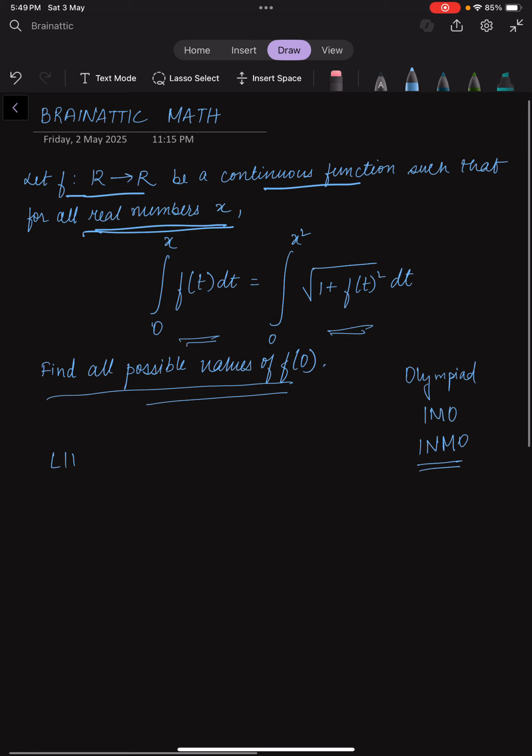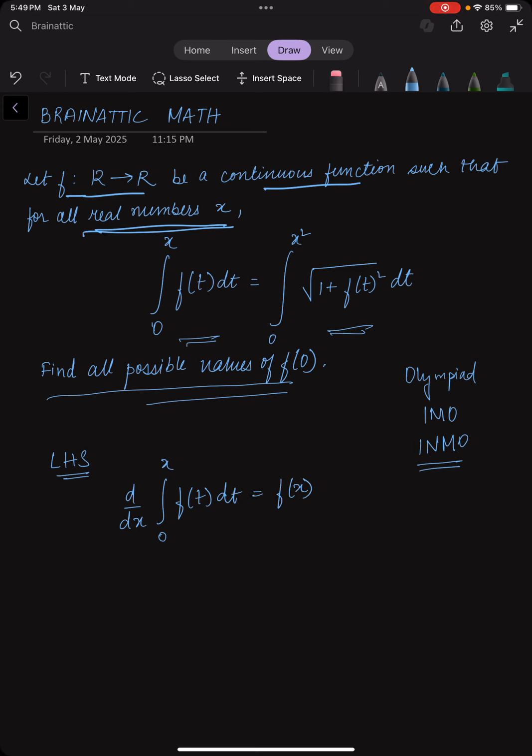So if we take the LHS, we have d/dx. What I'm going to do on the LHS is take the derivative of the integral of 0 to x f of t dt, and this primarily gives me f of x.